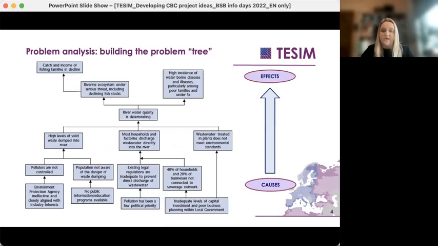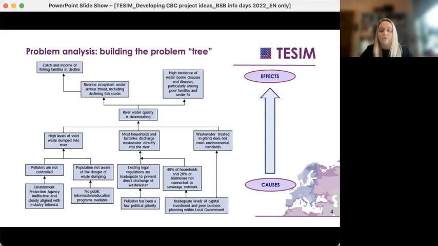Now let us quickly go through the process that leads us to building the problem tree. So first of all, you brainstorm and identify the key problem that you want to solve. Then you check that this problem has a transnational dimension related to a priority in the program. Identify together with your partners all causes and effects that are related to this problem.